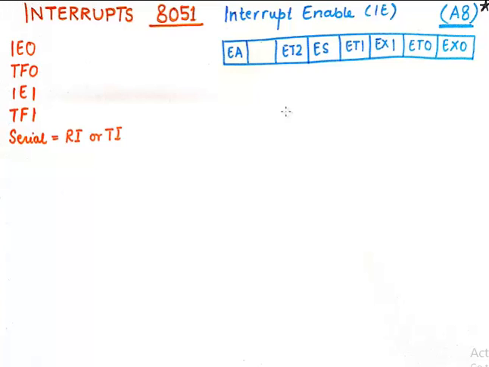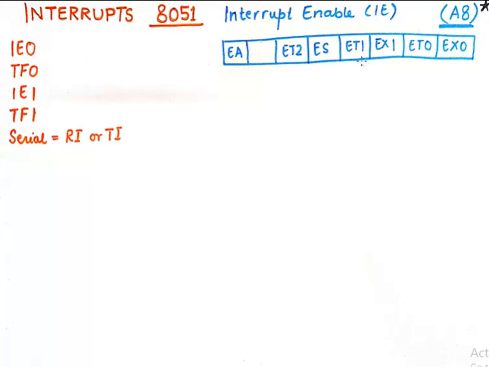If we wish to manually turn an interrupt on or off, we can do it from here. First things first, the address of this special function register is A8. As I mentioned in the previous video, all the registers ending with 8 or 0 are bit addressable registers. So this register is again a bit addressable register.